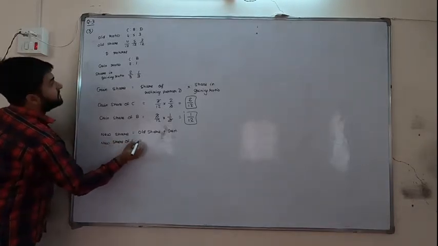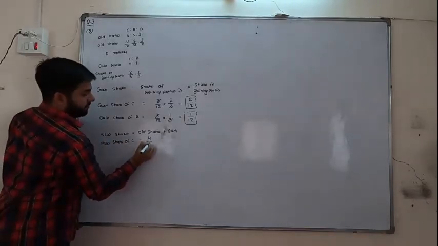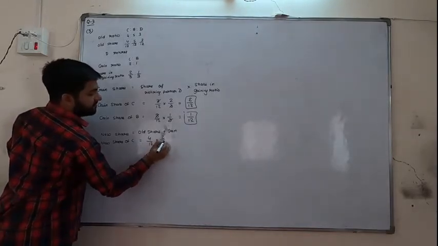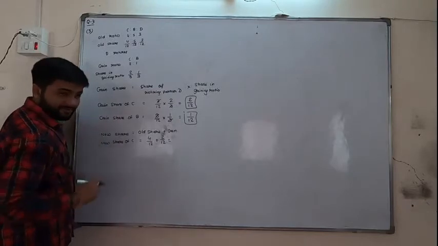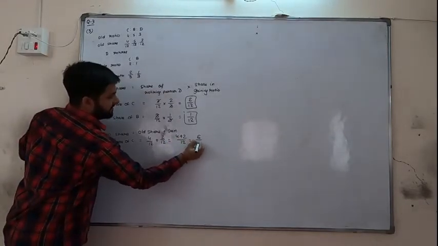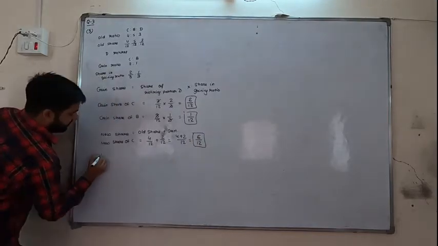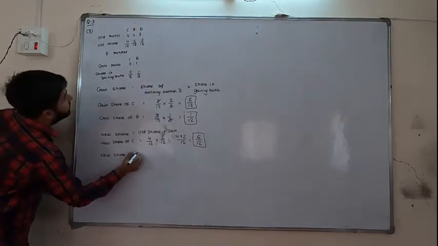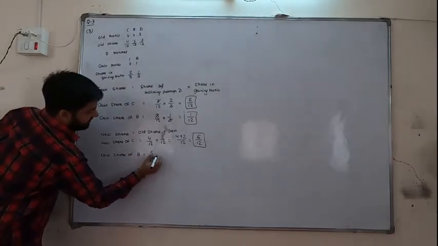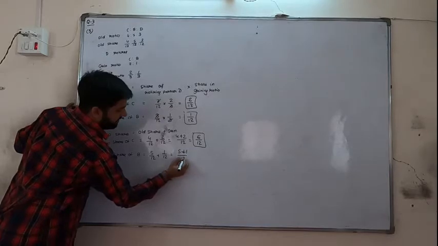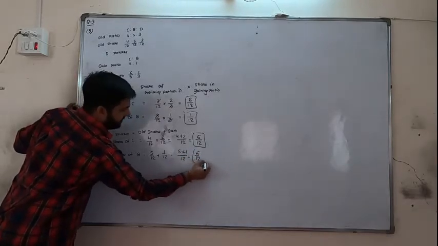New share of C: 4/12. Now it will be easy, because here also denominators are 12, here also denominators are 12. So 4 plus 2/12 is 6/12. Then new share of B: 5/12 plus 1/12. 5 plus 1/12 is again 6/12.